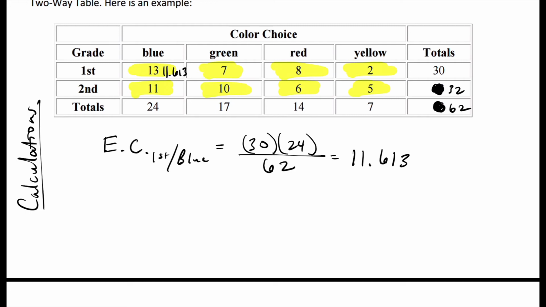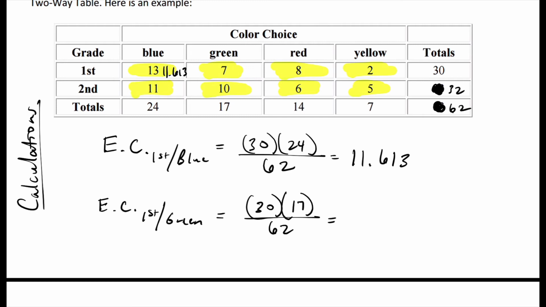Okay. Now let me do expected counts for green first graders. So same row, so 30, different column now, that's 17, divided by 62. And I get 8.226.